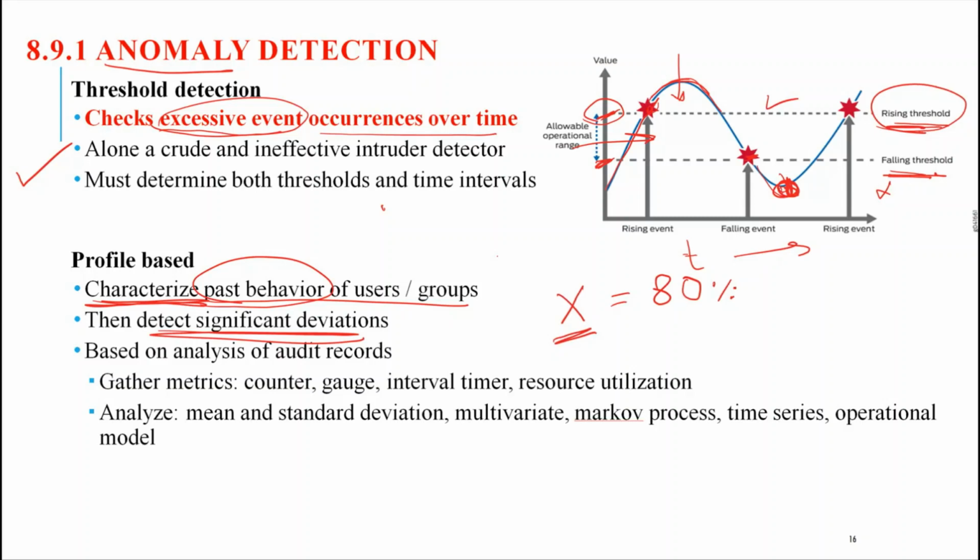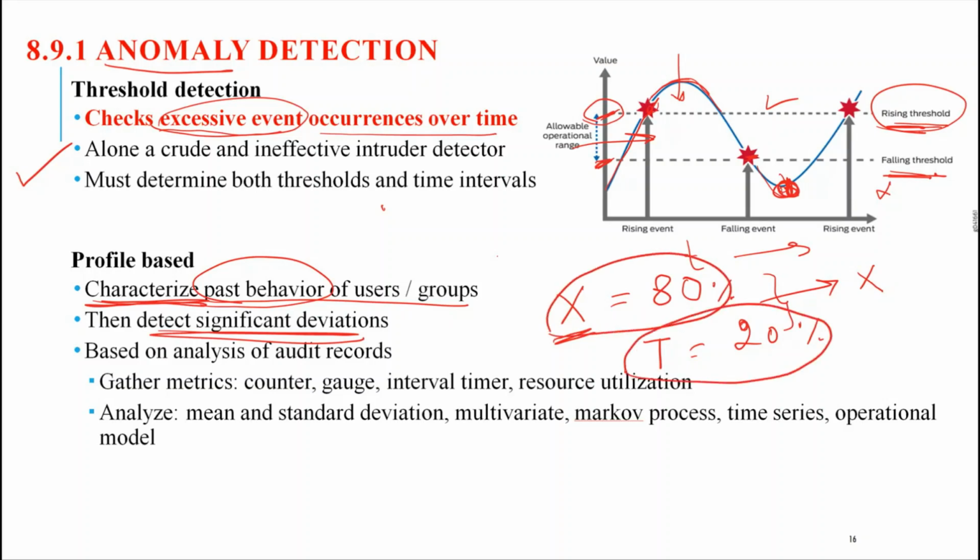Now I'm conducting a test today, and she is getting only 20%. So there is a huge deviation between the past behavior and the current behavior, and using this I'm going to tell her, you are not studying properly. If there is a huge deviation, I'm going to say there is something wrong. So this is profile based.